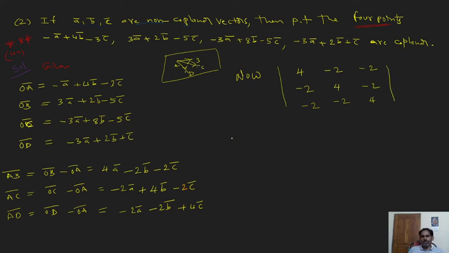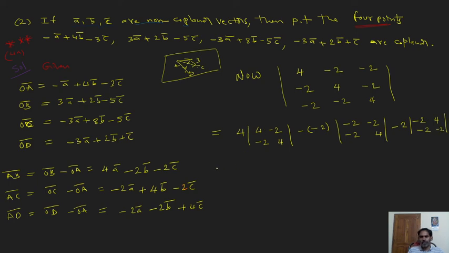Expansion of determinant, you know this process. 4 into, delete first row, first column, remaining determinant 4, minus 2, minus 2, 4. Minus of minus 2, delete first row, second column: minus 2, minus 2, minus 2, 4. Next, minus 2 into last minus 2, delete first row, third column: minus 2, 4, minus 2, minus 2.